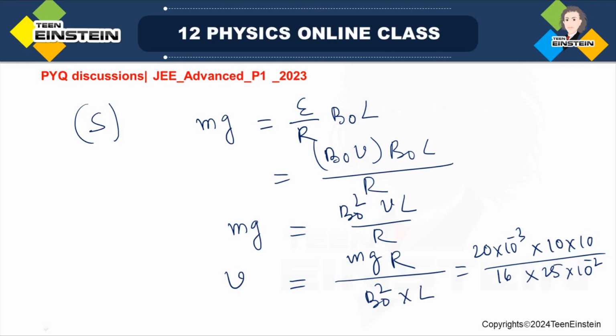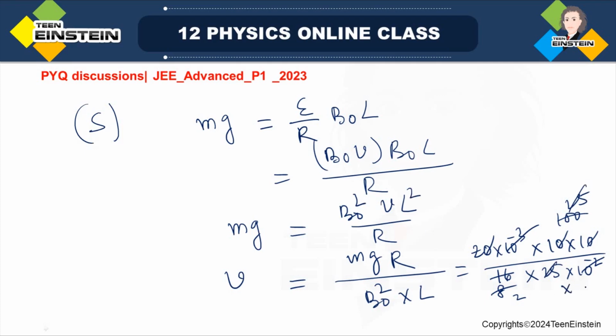Here this 0, this 0, this 0, they will cancel each other. This is 8. Okay, if I take this 10 to the power minus 2 here as 100, then 4 to the 8, 425. So what do we get? Somehow I have missed one. So here it will be L square.